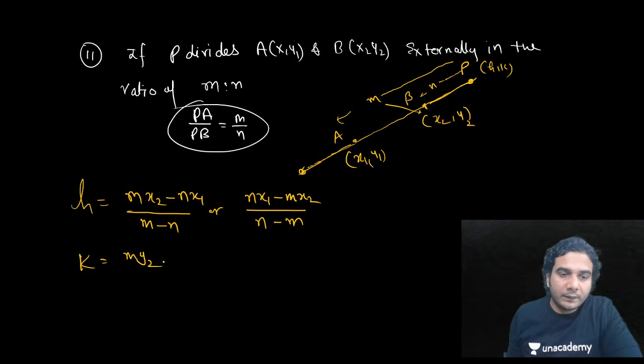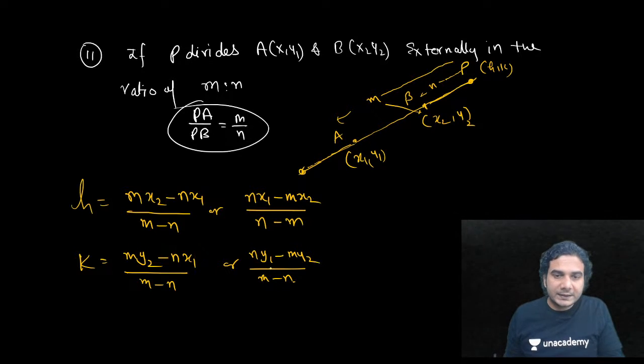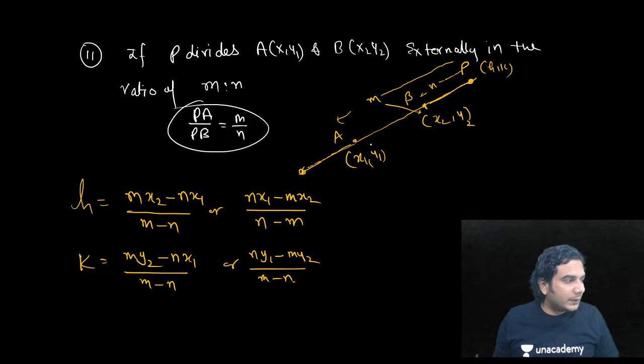So it is m y2 minus n y1 divided by m minus n. Or you can write n y1 minus m y2 divided by n minus m. All right. So this is the section formula. This is the external division. I hope it is clear.